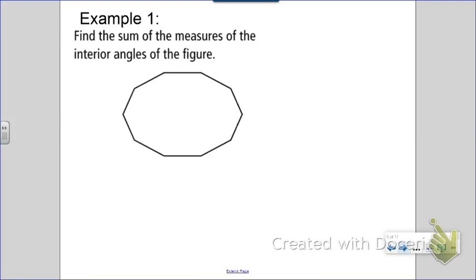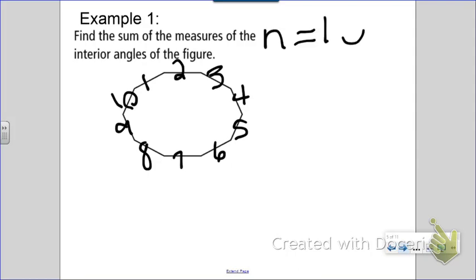Our first example, we're going to find the sum of the measures of the interior angles of the figure. We have to figure out how many sides it has first, so we'll count the number of sides. It has 10 sides, so n equals 10.